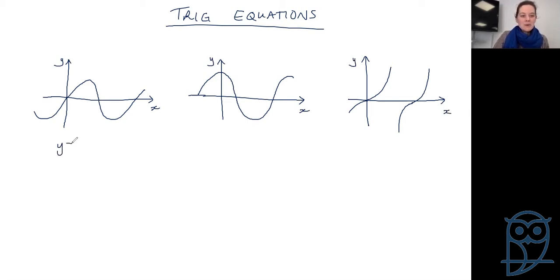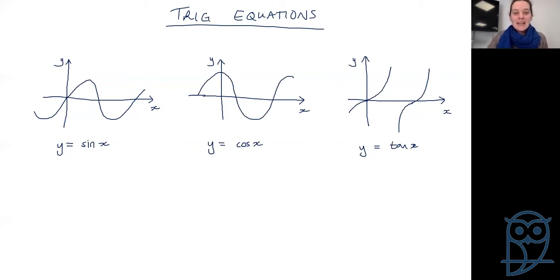So we have y equals sine x, y equals cos x, and y equals tan x. Even the top of this sine is a bit dodgy. It should be more symmetrical, and you'll see why just now.